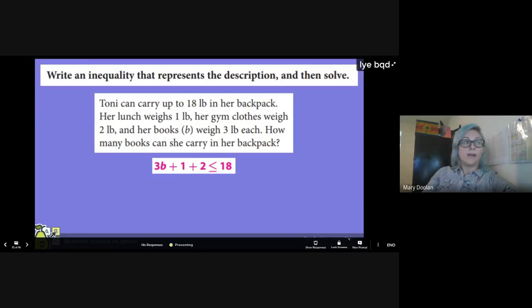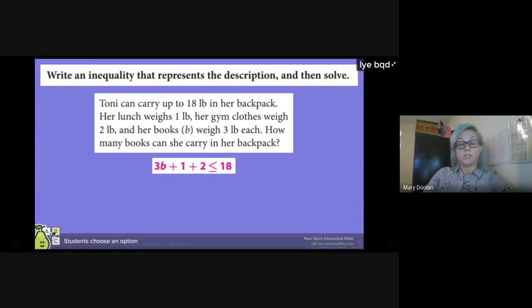All right, so now that we have the correct inequality, we're going to solve this inequality. You have some scratch paper, you can copy this down, and you're going to solve 3b plus 1 plus 2 is less than or equal to 18. You would solve this the same way as you solve an equation. We will not be dividing or multiplying by a negative value in this story problem.